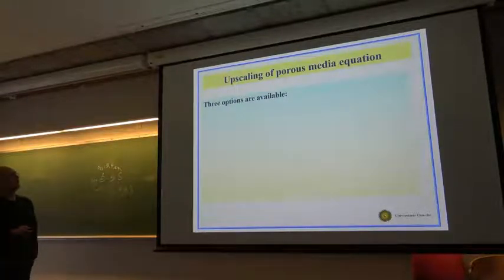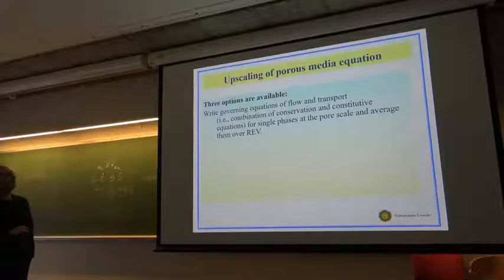To do the upscaling, you really have three options. One is to write the governing equations of flow. By governing equations, I mean the Navier-Stokes equation, elasticity equations. You can write them at the scale of pores and grains, and then define an REV and average them over the REV.